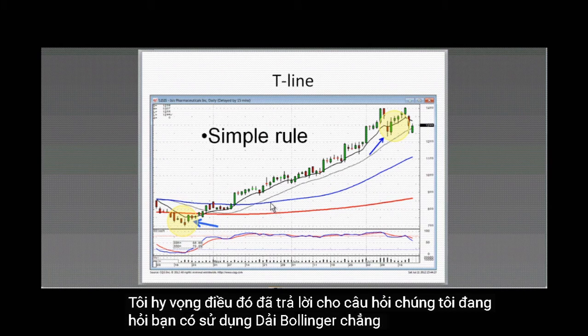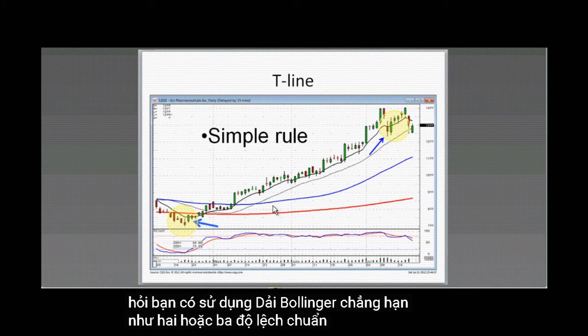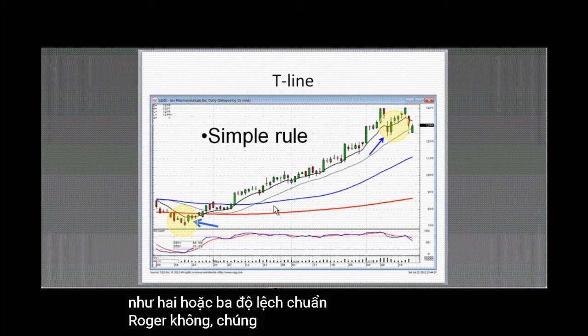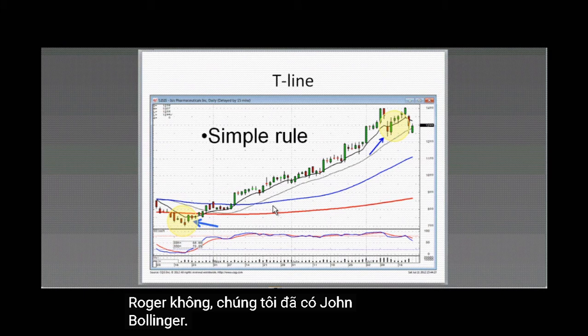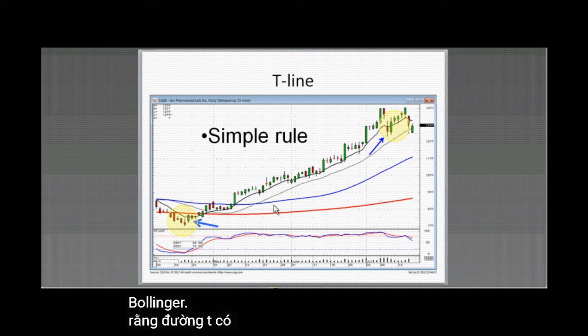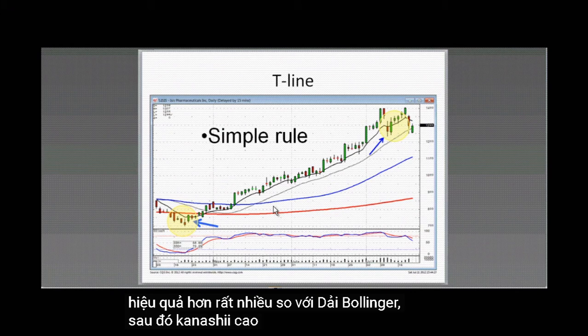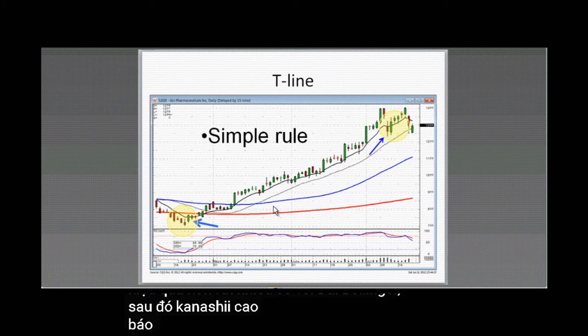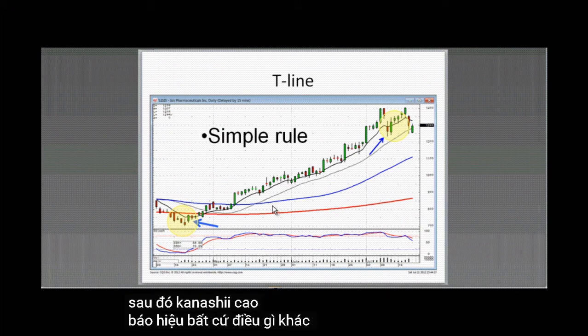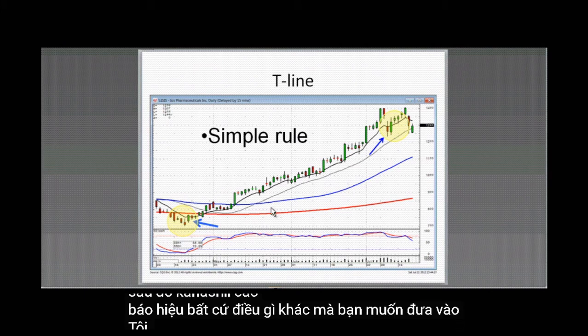Do you use Bollinger Bands such as the 2 or 3 standard deviations? Roger, no. We've had John Bollinger on a while back. My contention is that the T-line is probably a heck of a lot more effective than Bollinger Bands, than Heiken-Ashi signals, anything else you want to put on.